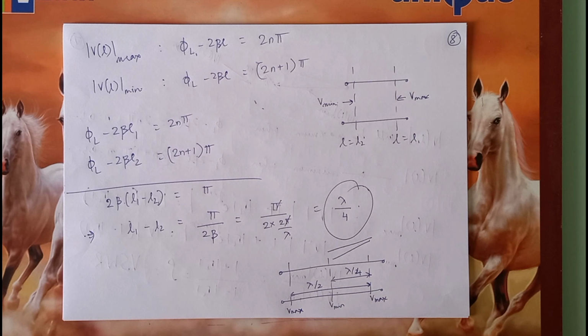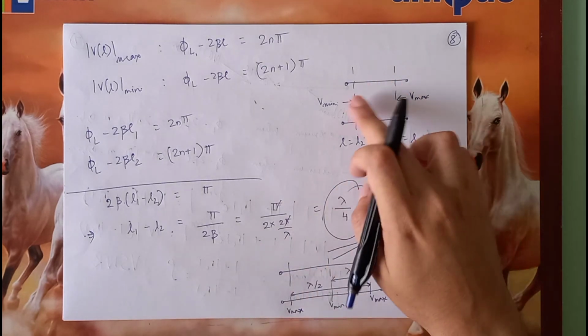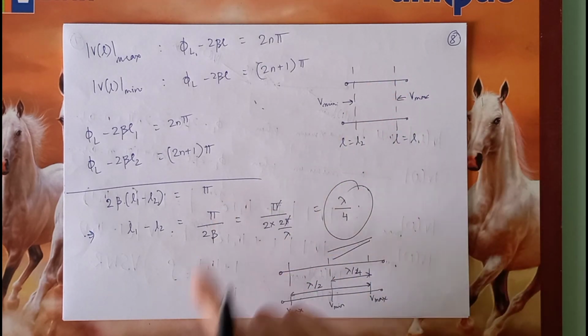And thereafter, we saw a pictorial representation of the voltage on the transmission line in the vector form, and that gave us some idea of the voltage maxima and the voltage minima on the line, and the ratio of the maxima to the minima is called the VSWR. And we finally saw that on the line, any maxima and minima, or rather two successive maxima and minima, are separated by a distance of quarter wavelength or lambda by 4.